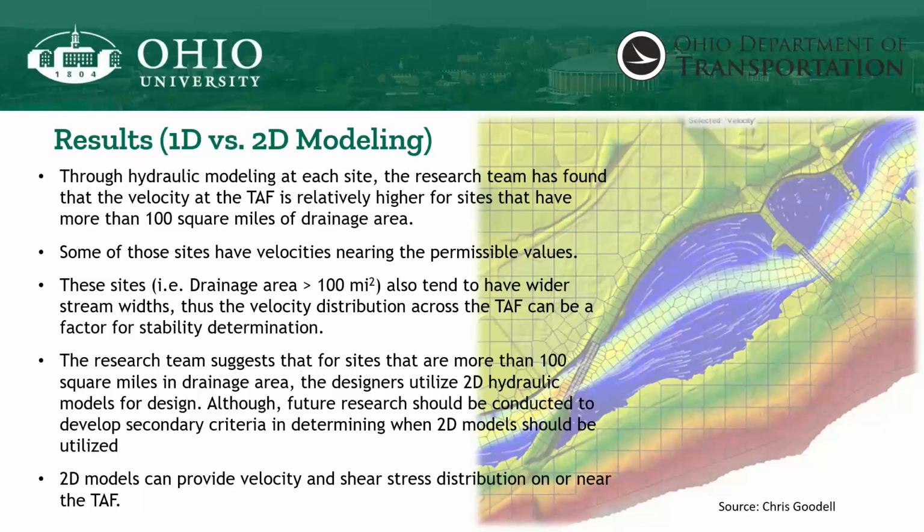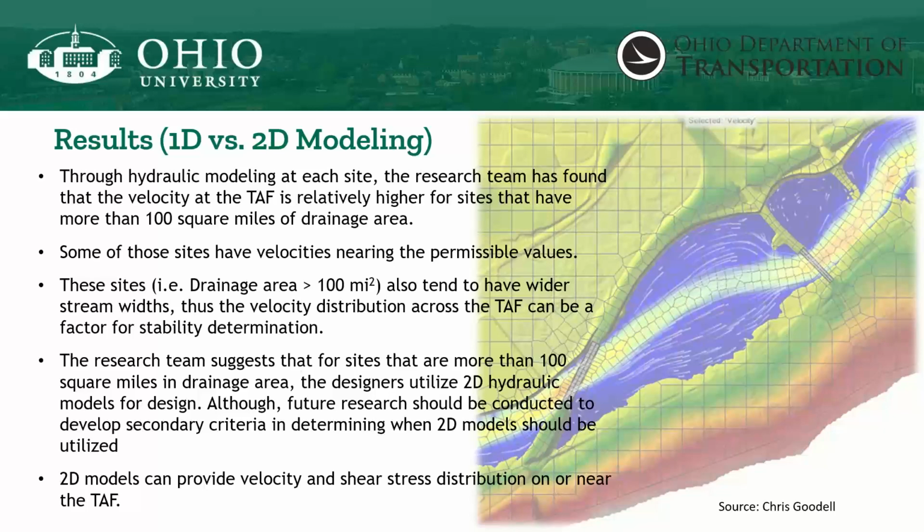We ran a lot of correlation analysis. There's really nothing that indicates when we should apply 2D modeling other than drainage basin area. So that could be a future project, to determine what the secondary criteria are.